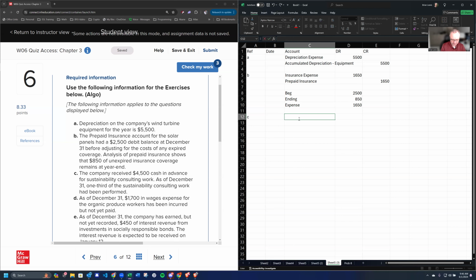It's actually unearned revenue and then services revenue. So we're going to do that. Unearned, the debit is going to be 1/3 of 4,500. So we're going to do equals 4,500 times 1 divided by 3. Okay, so $1,500.